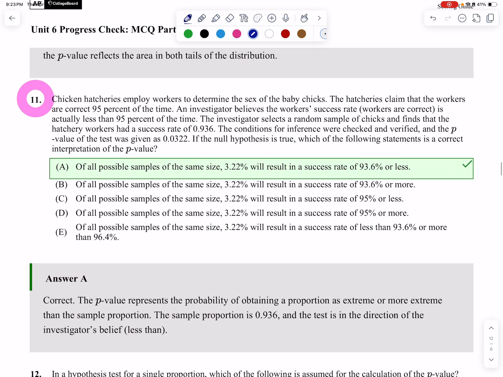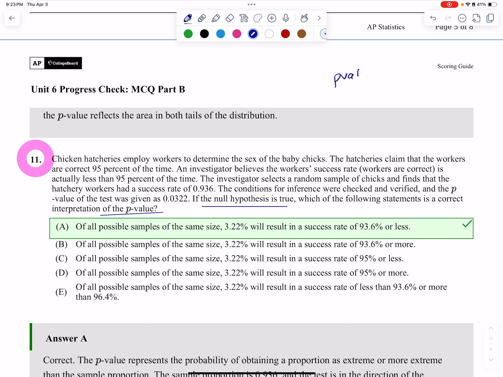Okay, this one here is asking, if the null hypothesis were true, which of the following statements is a correct interpretation of the p-value. So for p-value interpretation, let me give it to you. You always say: if H0 is true, you have a p-value percentage of the time that my test statistic happens by chance, or more extreme.